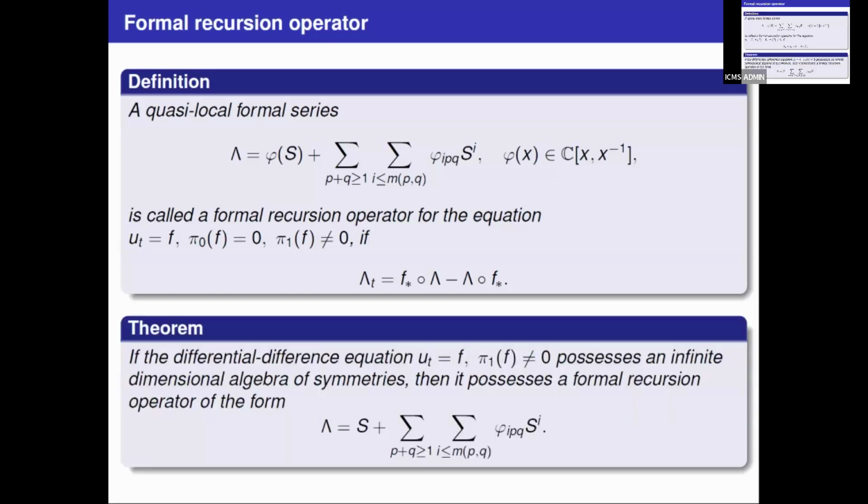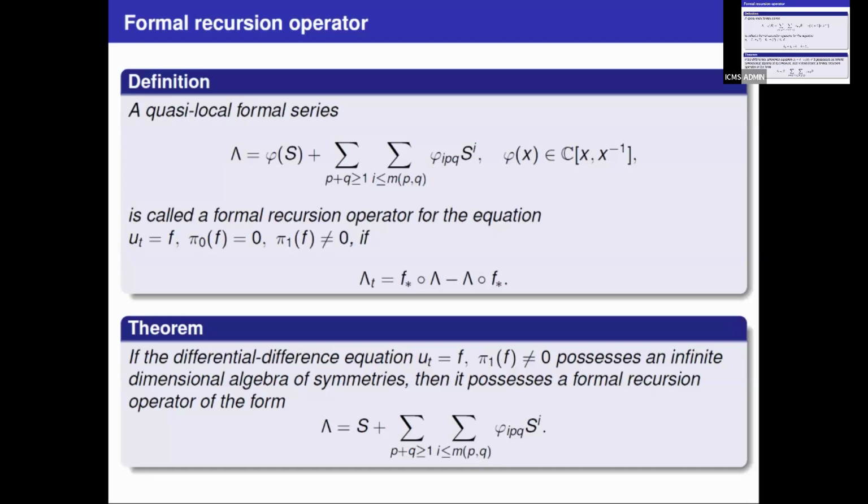And then the following theorem, that's the main theorem here: if our differential equation with non-zero linear part and zero constant part possesses an infinite dimensional algebra of symmetries, then there exists a quasi-local formal recursion operator starting with order 1. And this is now the necessary integrability condition.